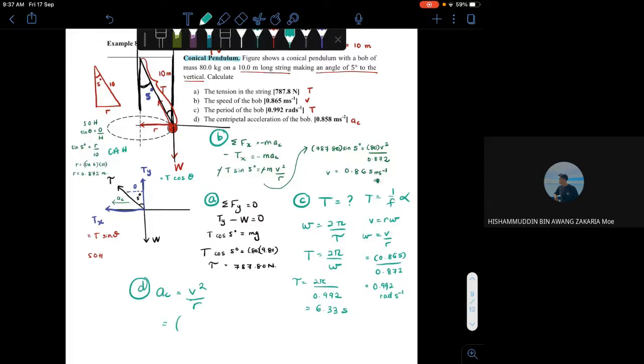So your v is 0.865 square over 0.872. So this one you will get 0.858 ms^-2. Okay. Then Miss akan buat satu soalan lagi, then this one Miss can stop bagi video kot.